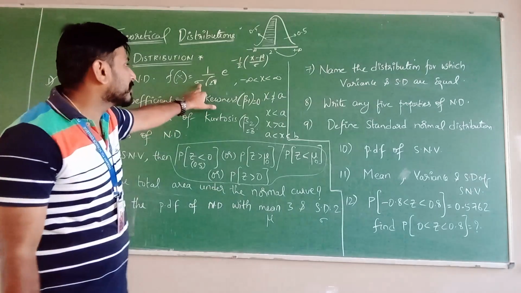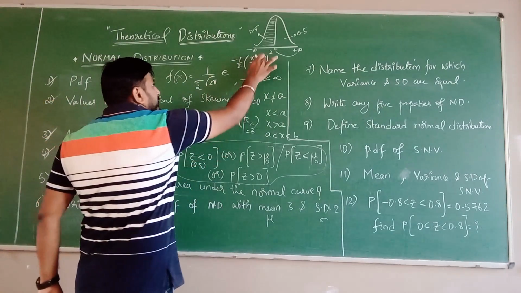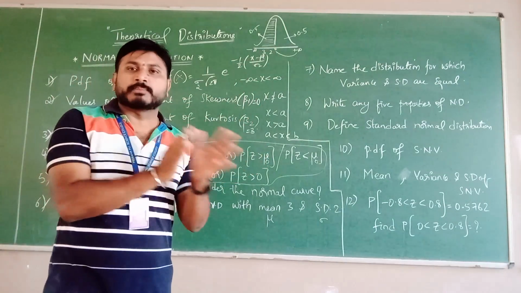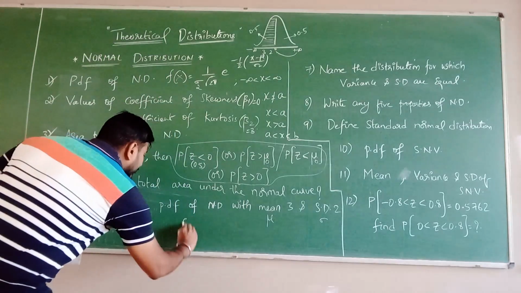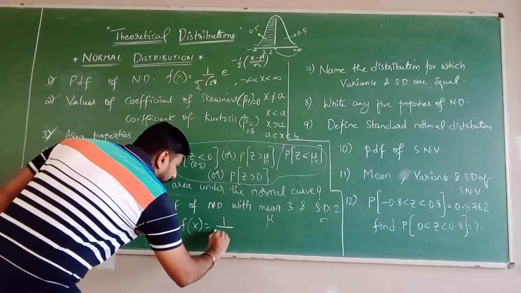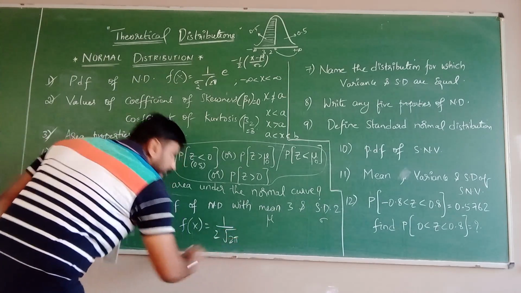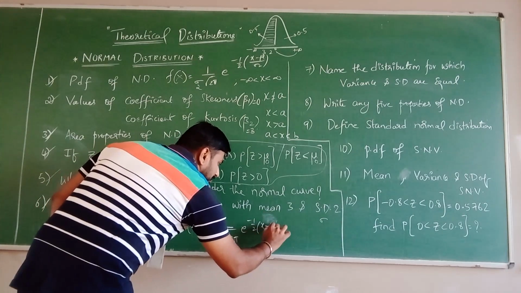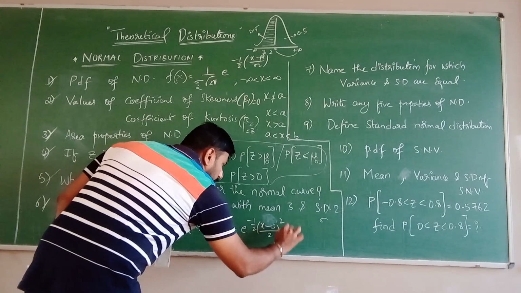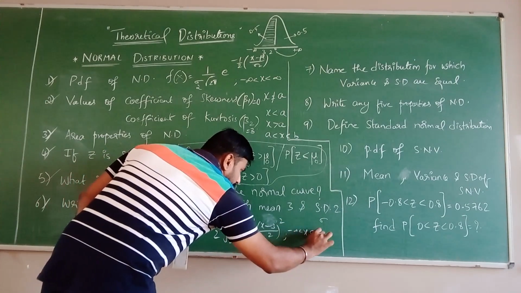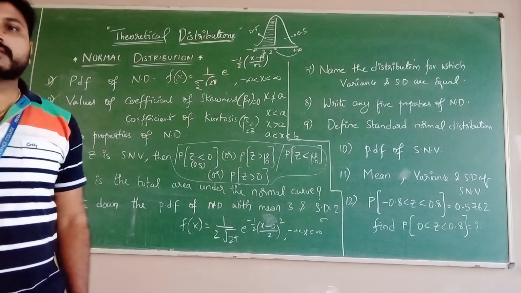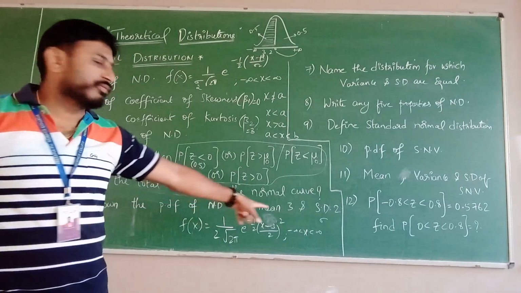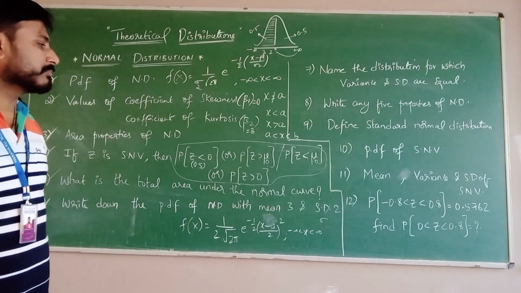After substituting, f of x equals 1 by 2 root 2 pi e power of minus 1 by 2 into x minus 3 by 2 whole square, when x lies between minus and plus infinity. Just write the PDF by substituting the mean mu and sigma values. You understand, guys?